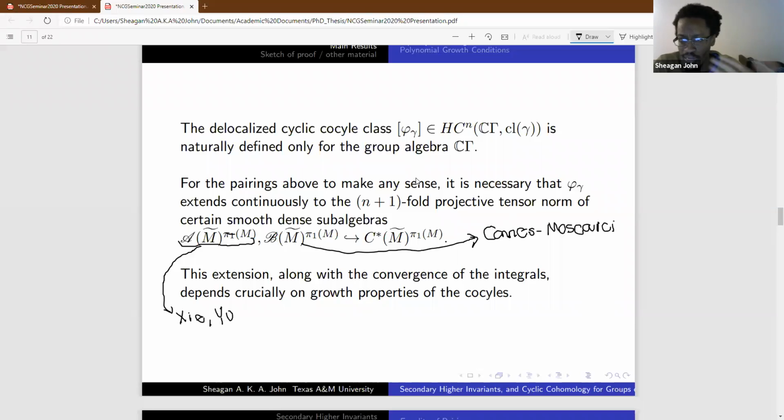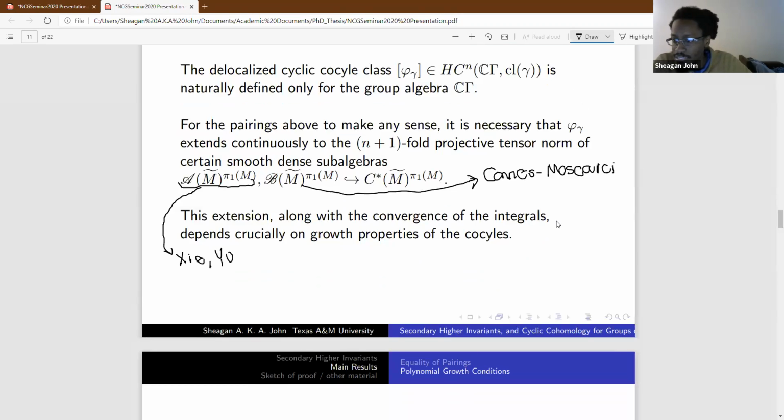And these are quite specific to the case of polynomial growth or virtually nilpotent fundamental groups. If we don't have this condition, then we need to search for completely different smooth, dense subalgebras, and that's generally a very technical and subtle issue.